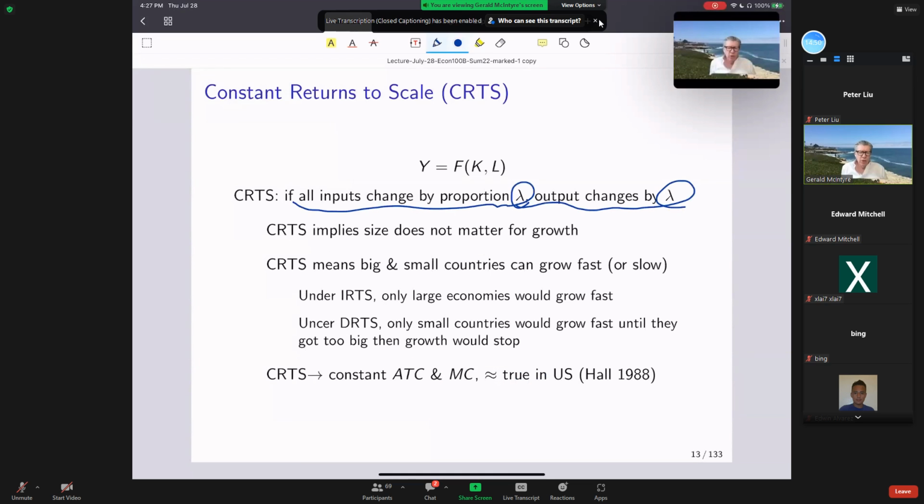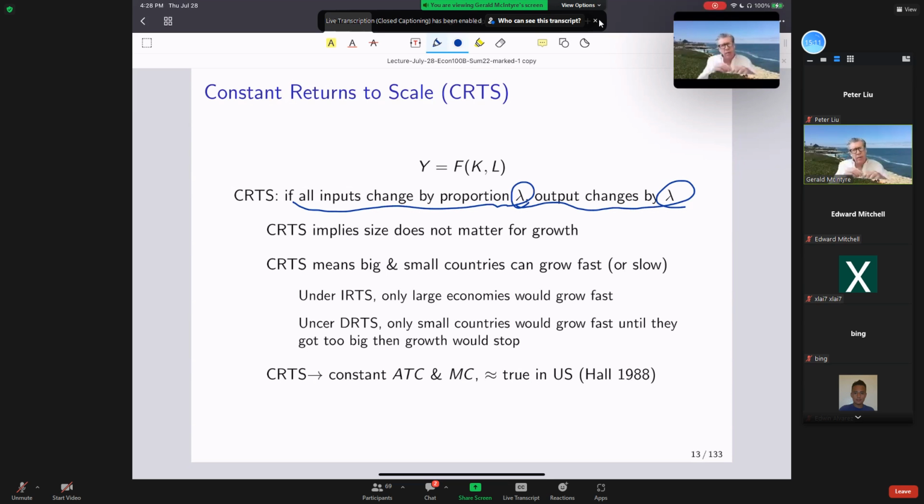Okay, and what we mentioned at the very end of last time is that constant returns to scale is a very general assumption. It means that size doesn't matter for economic growth. Small countries can grow fast or slow, and big countries can grow fast or slow.